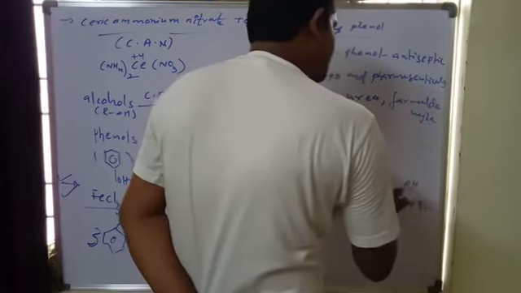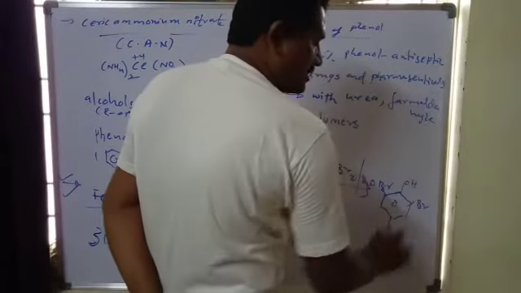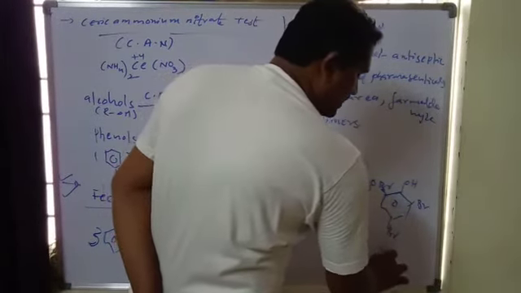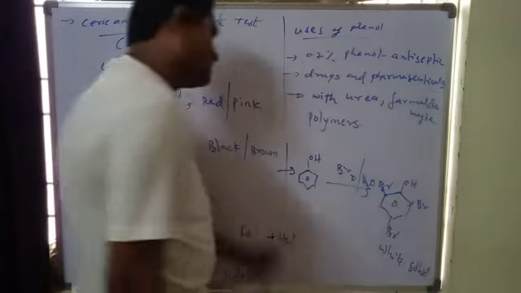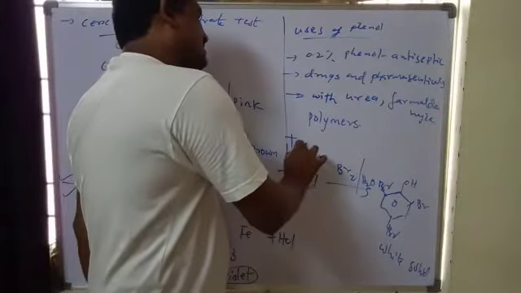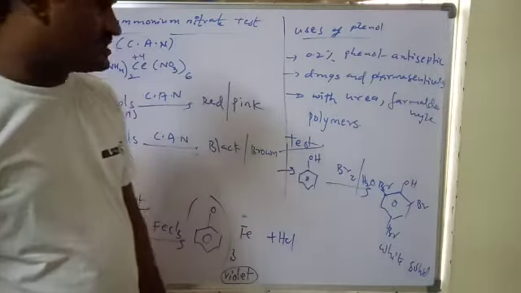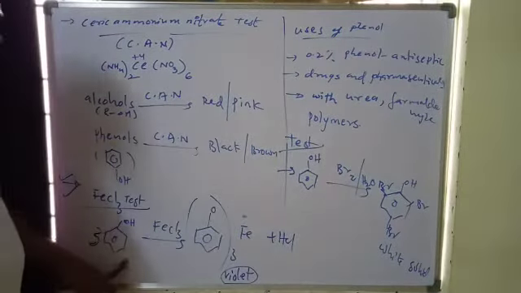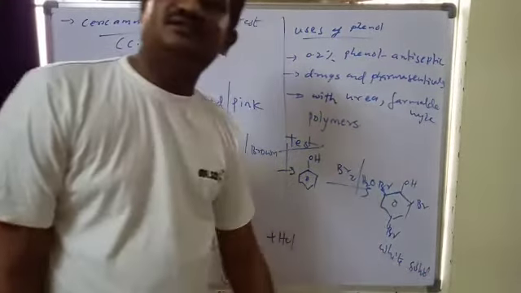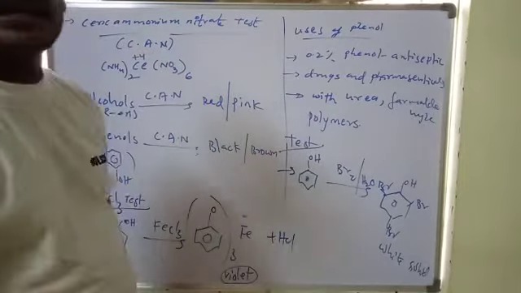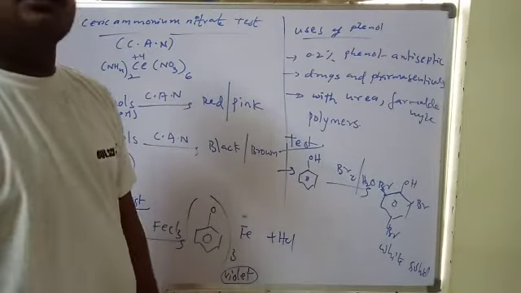This is a white crystalline solid, and this is the bromine water test. So phenol gives violet color with ferric chloride, and a white solid with bromine water. These are the identification tests for alcohols and phenols.